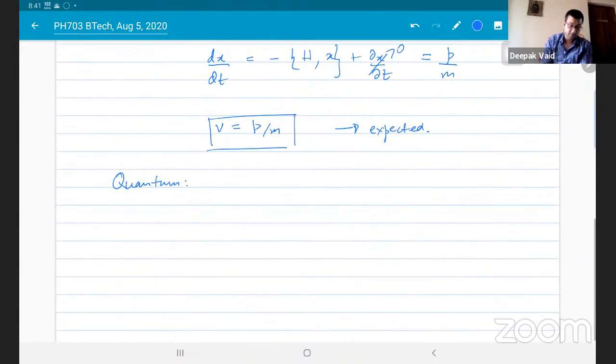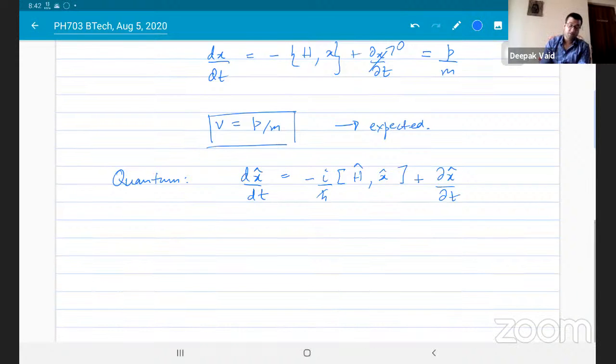And then for the quantum example, we can ask what is the time evolution of the position operator. Then we have the Heisenberg equation of motion, which is minus i over h bar, commutator of h with respect to x, plus this if there is any explicit time dependence of x on t.